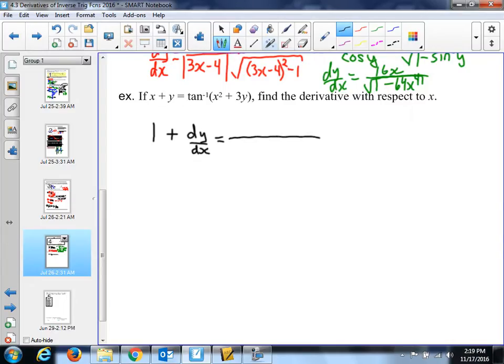I'm going to do the easy part, the u squared: x squared plus 3y squared plus 1 underneath. The top, though, it's not that hard either. What do we have here for a derivative? 2x plus 3 times dy over dx. Exactly. 2x plus 3 dy by dx.